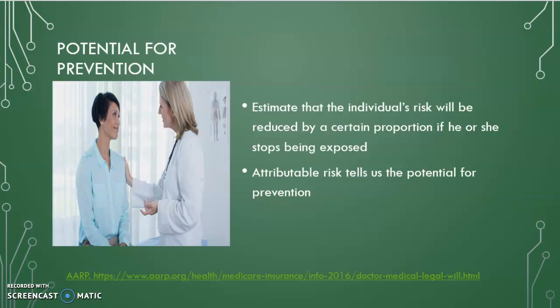Because of attributable risk, the clinician can estimate in good faith that the individual's risk will be reduced by a certain proportion if he or she stops being exposed. For example, if this patient smokes cigarettes and is worried about developing lung cancer in the future, the clinician's able to tell them, if you cut back on smoking by this percent, your risk will drop for developing lung cancer in the future. In turn, attributable risk tells us the potential for prevention.